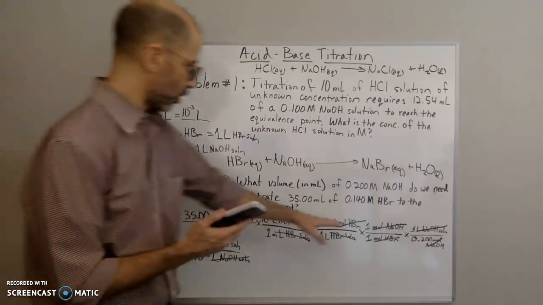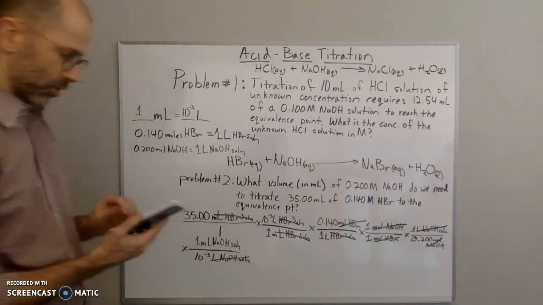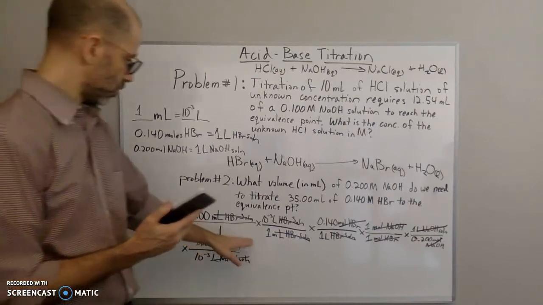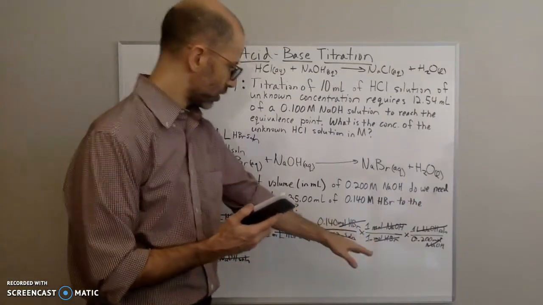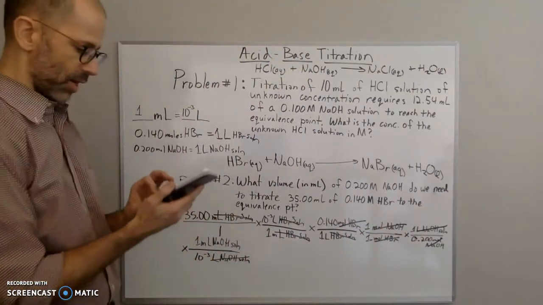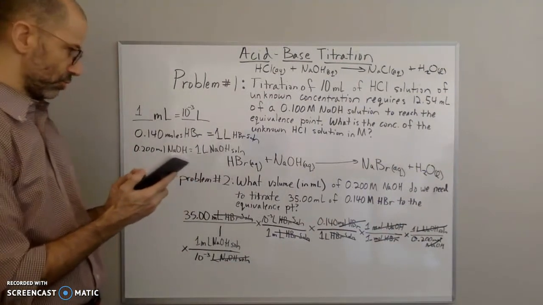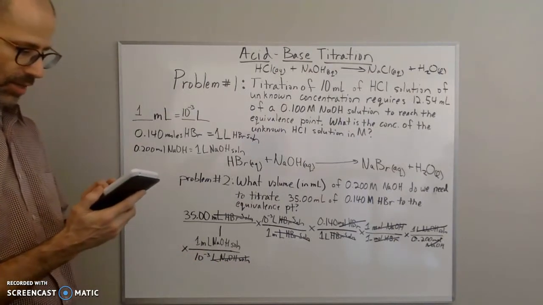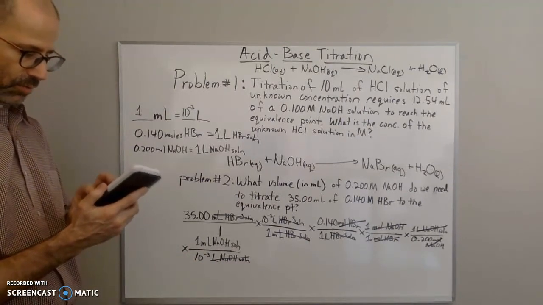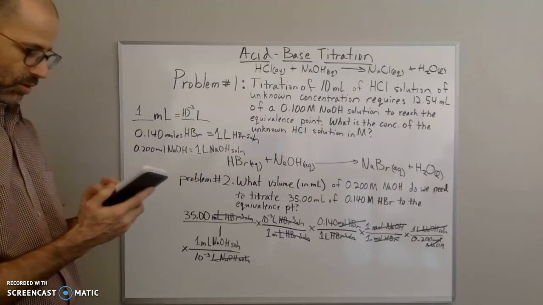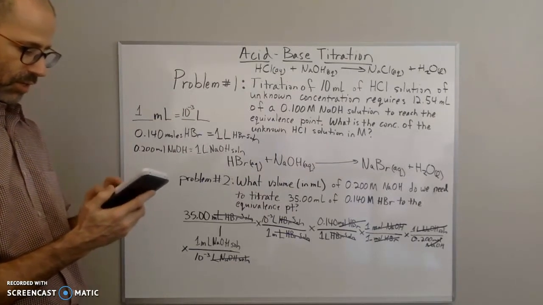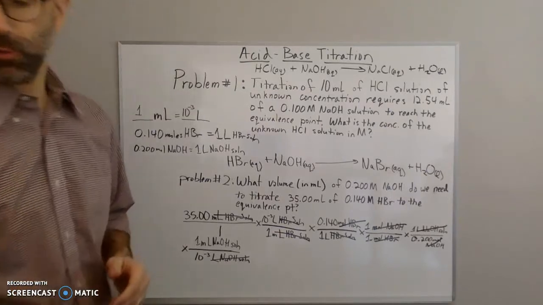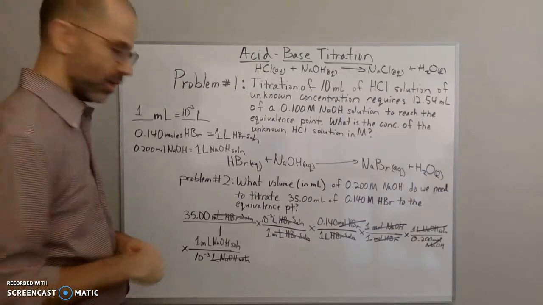Then I'm going to divide by 0.200, and then divide by 1 times 10 to the negative 3. Equals, and I get 24.5.